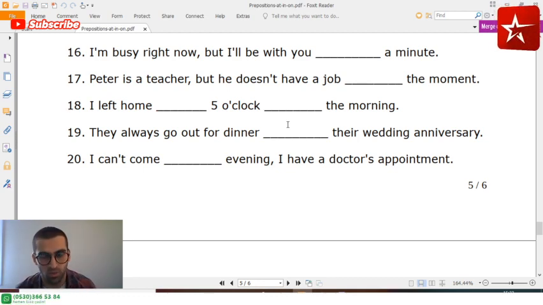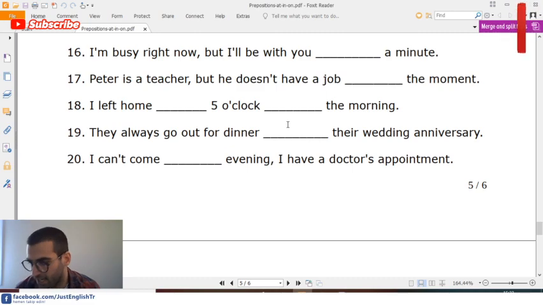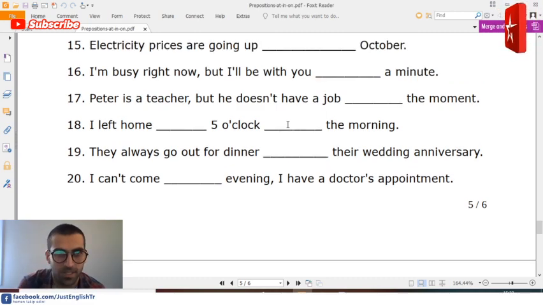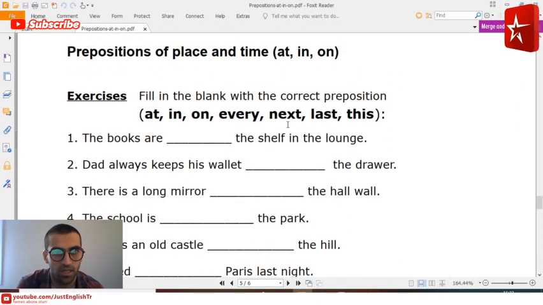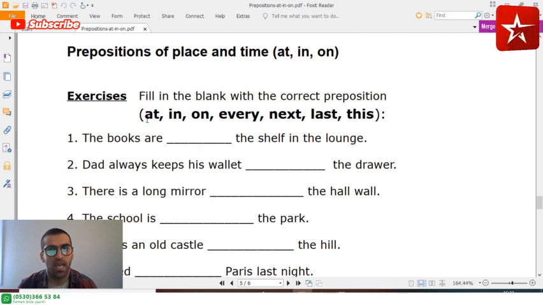Kendi düğün anniversary'ni kutlamak için. They always go out for dinner. Okay, waiting for your answers. Size göstereyim hangi preposition'ı kullanmamız gerekiyor. At kullanabiliriz, in kullanabiliriz, on kullanabiliriz, every, next, last and this.